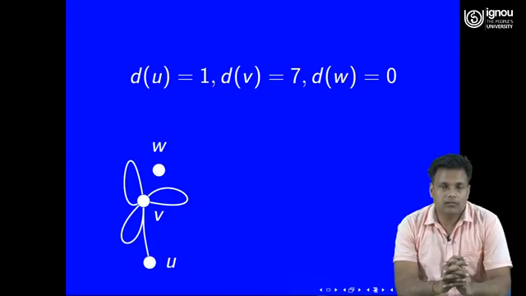Each of these loops is counted twice, so the 3 loops give 6 and the non-loop edge gives 1. So the degree of the vertex v becomes 7. The vertex w is not adjacent to any vertex, that is, there is no edge incident on it, and hence its degree is 0.